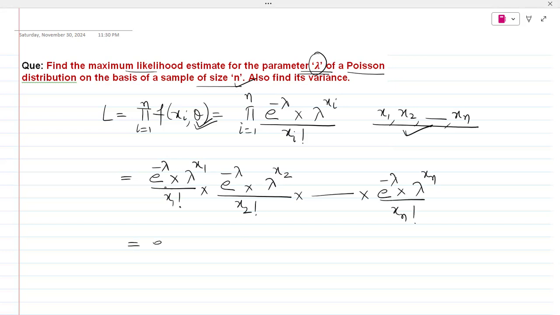So we get e to the power minus n lambda and lambda to the power summation xi.